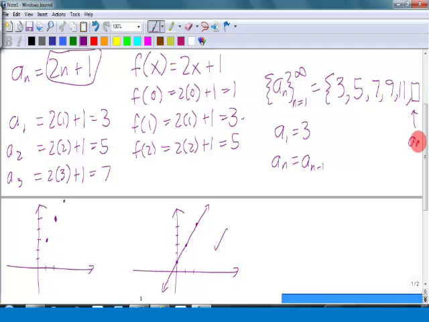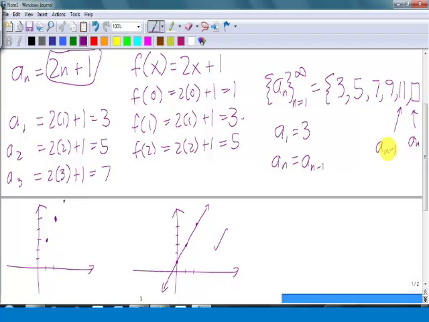If this is a sub n, where is a sub n minus 1? The 11 is the term in front. You've got the nth term, and the term in front of that is the n minus first term. That's a sub n minus 1.